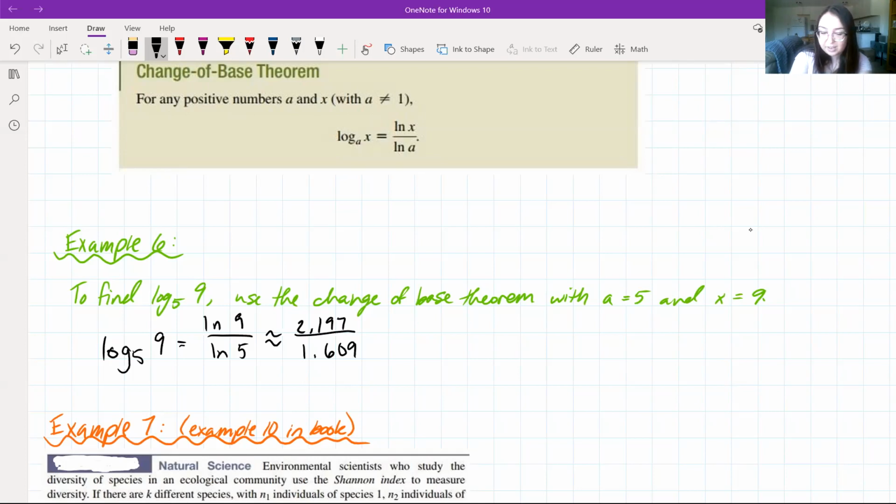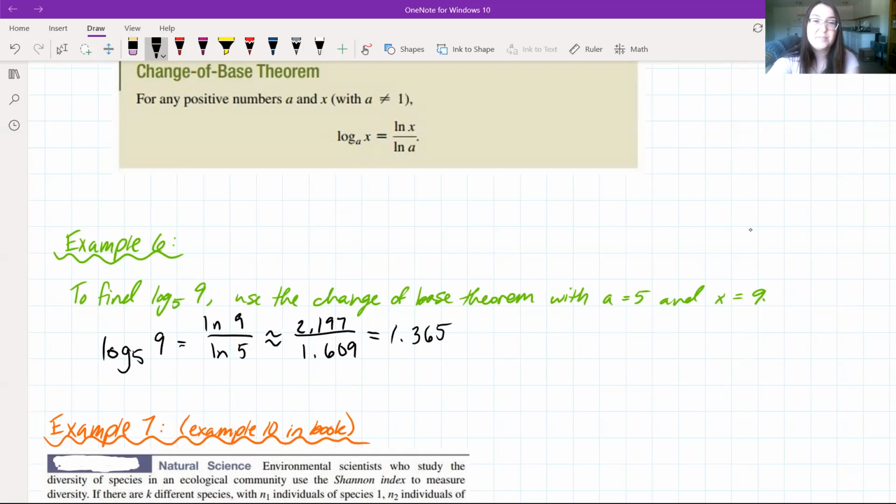So if we calculate that fraction, we'll end up with 1.365.